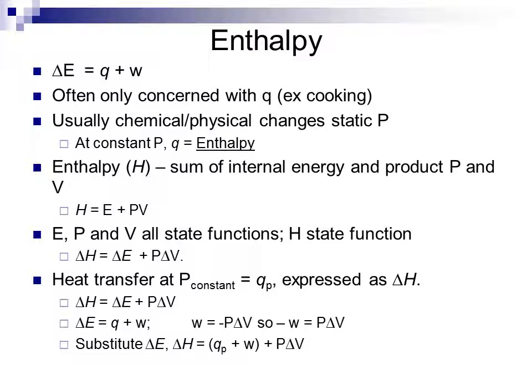If I substitute delta E into our enthalpy equation, then the enthalpy is equal to QP plus W, and then plus the P delta V that was there initially. So delta E has now become QP plus W. Substituting in the negative W being equal to P delta V, our change in enthalpy is equal to QP plus W minus W. So change in enthalpy is directly change in heat, or just the heat.